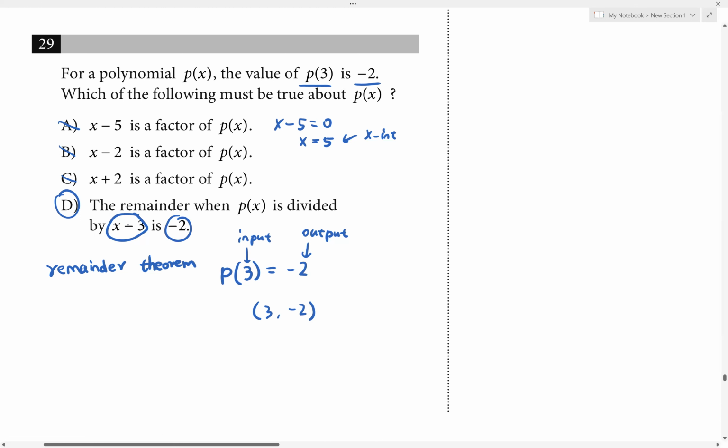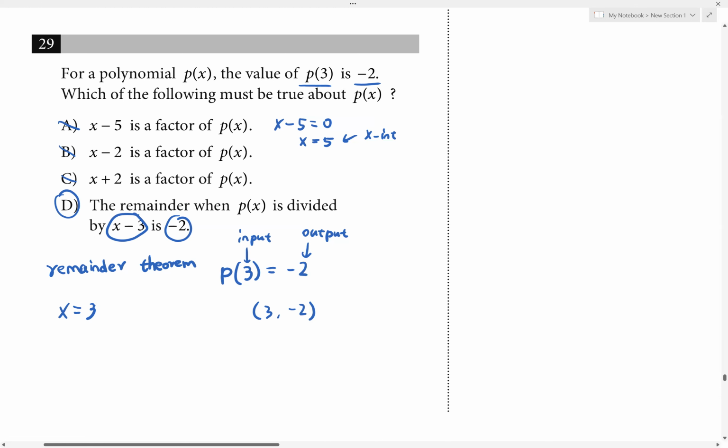If x minus 3 is a factor, we set it equal to 0 and solve, and we get x equals 3. So it's always kind of opposite. The factor is x minus 3, we get x equals 3. So the remainder theorem says if you plug in x equals 3, whatever the remainder is, that will be the output.